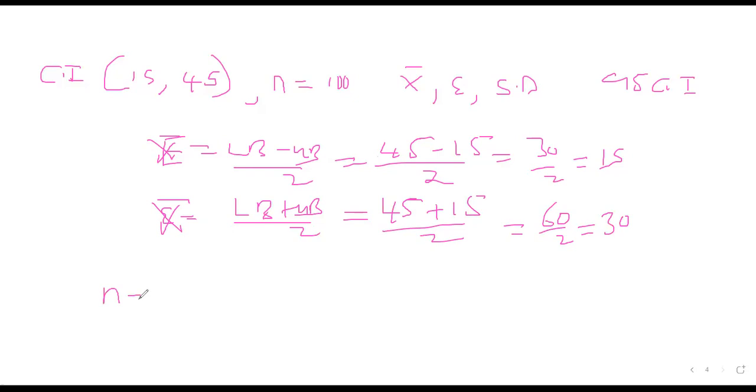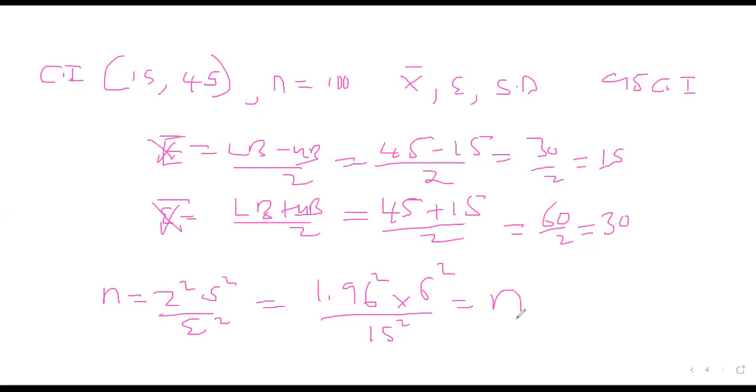Then we know the sample size formula is simply given by Z squared S squared over E squared. So our Z at 95% is 1.96. Our standard deviation, we don't know. That's what we're looking for. Our error is 15. Then our n is given as 100. So we cross multiply.